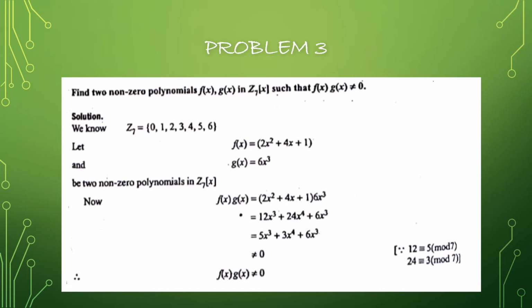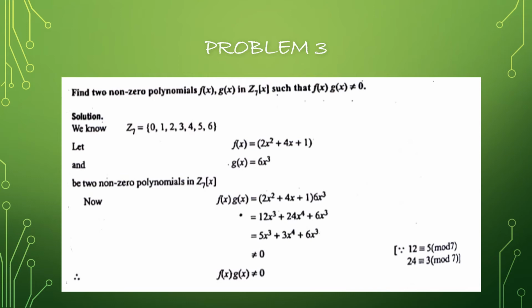Why have I chosen x square in one of my polynomials and x cube in the other? See, just observe. If I multiply these two, what will the coefficients be? 2x square plus 4x plus 1 into 6x cube.